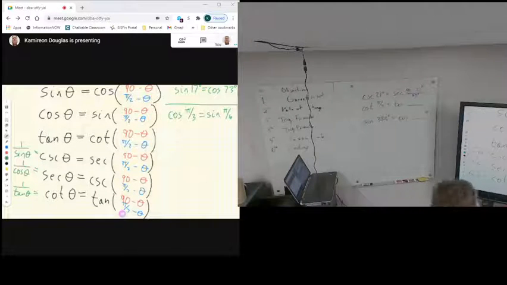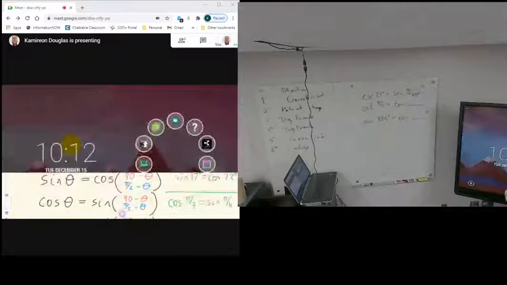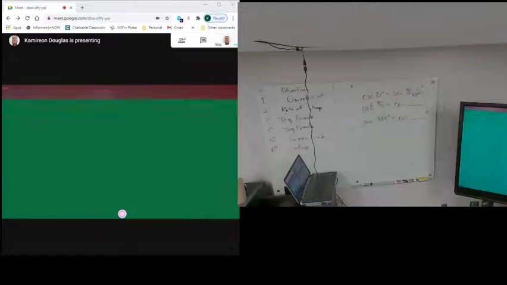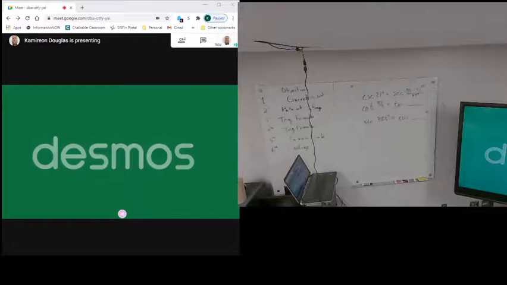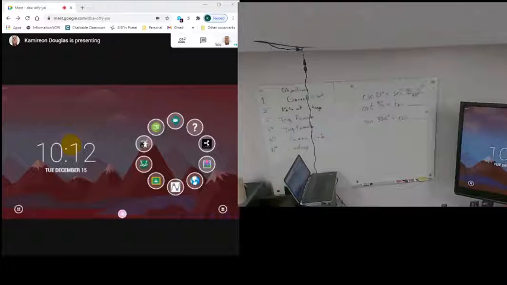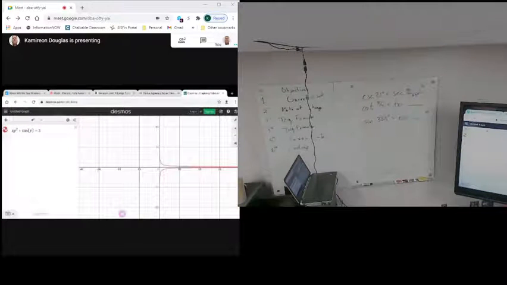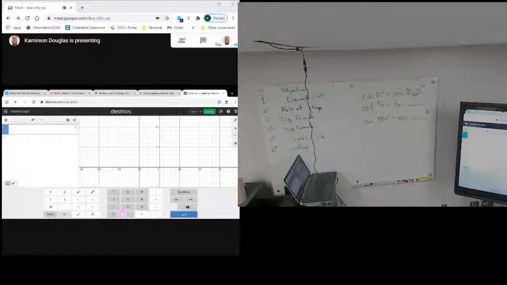And I'll prove it. Here's my calculator. Desmos is nice enough, that's why I recommend it to a lot of people, that it will actually do the math for you, which is super convenient, and it has all the trig functions already put in. So if I want to do, for example, cosecant of 21, I want to make sure it's in degrees. For these calculators, I have to hit this button.